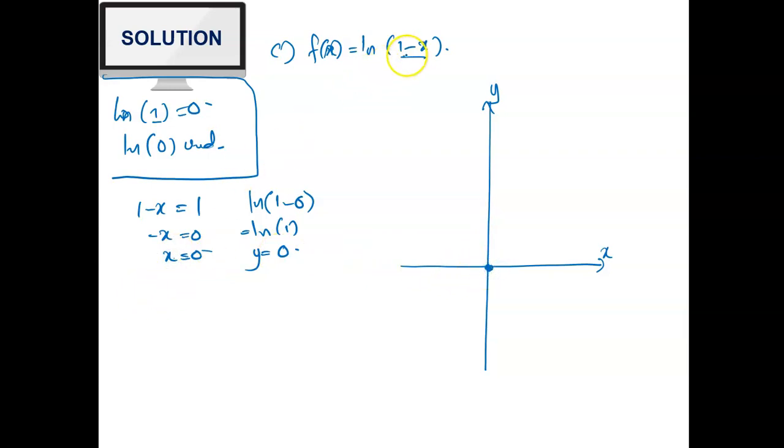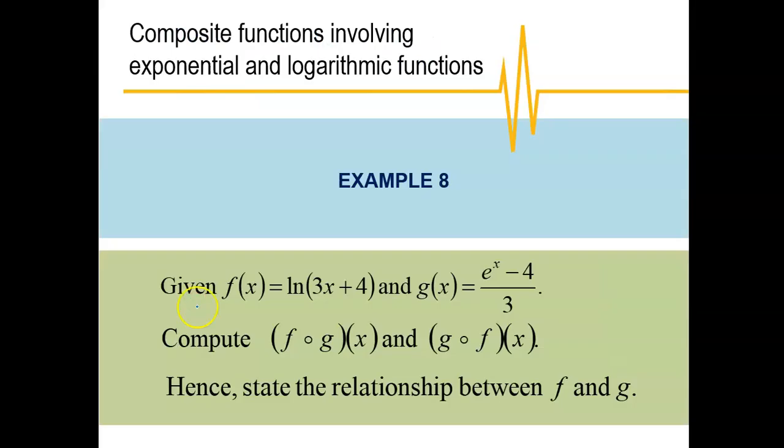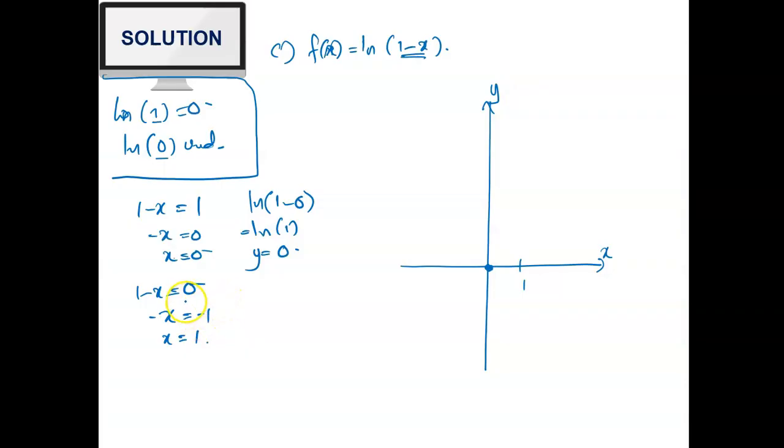And then let's compare this with this one here. 1 minus x equal to 0, then negative x equal to negative 1, and x equal to 1. Okay, x equal to 1 here. Okay, so now, once we compare 1 minus x equal to 0, what does it mean?